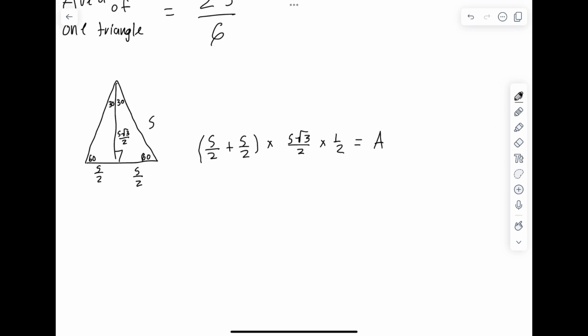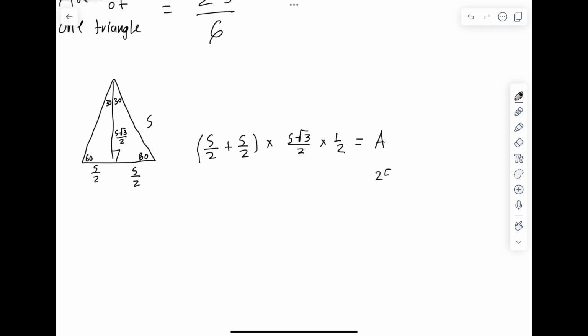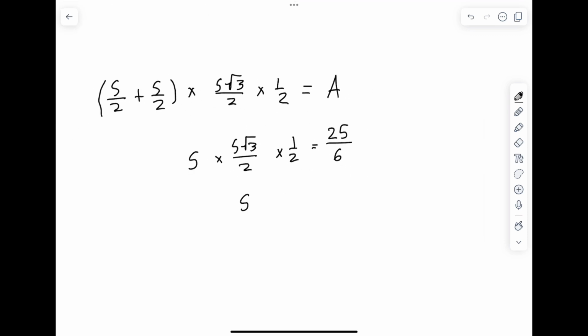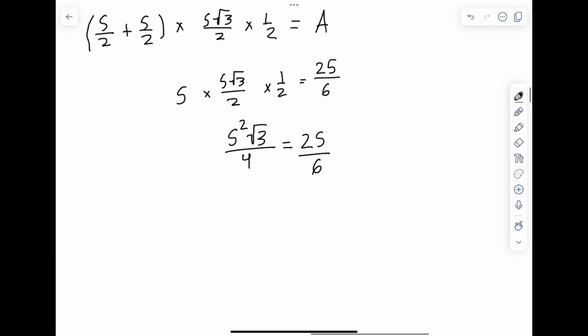So now let's just plug in the area first, 25 over 6. Then if you just add up like terms, you get S squared root 3 over 4 is equal to the area, or in this case 25 over 6. So let's just take the 4 over.